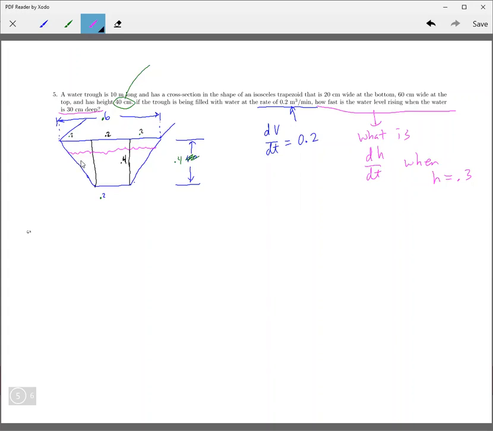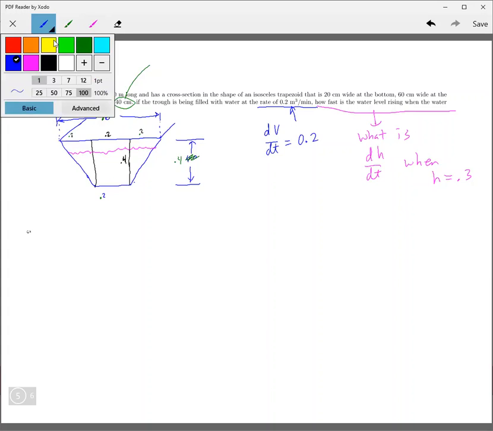First of all, what could be easier is to come up with an equation for the area.